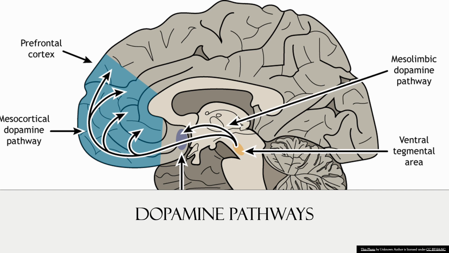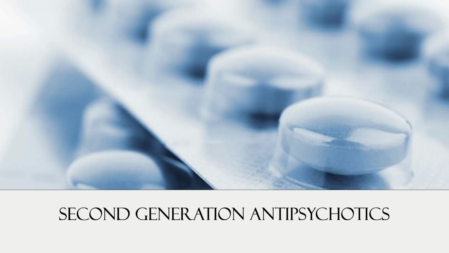The blockade of dopamine by the second-generation antipsychotics causes prolactin to increase, causing galactorrhea and gynecomastia. Hyperprolactinemia associated with antipsychotics may cause sexual problems, galactorrhea, amenorrhea, gynecomastia, and bone demineralization in postmenopausal women who are not on estrogen.